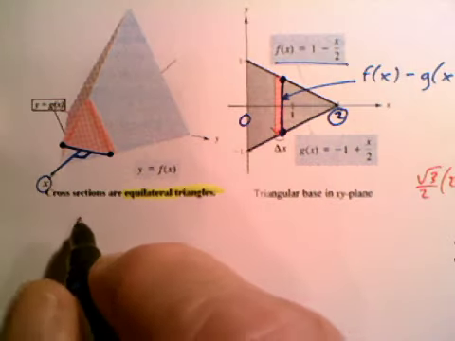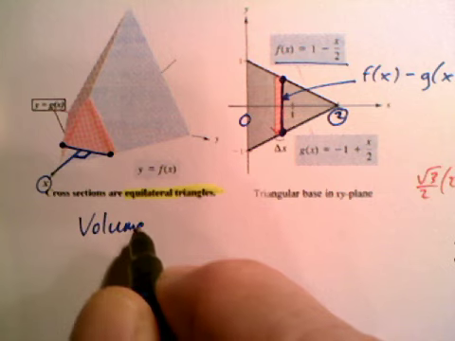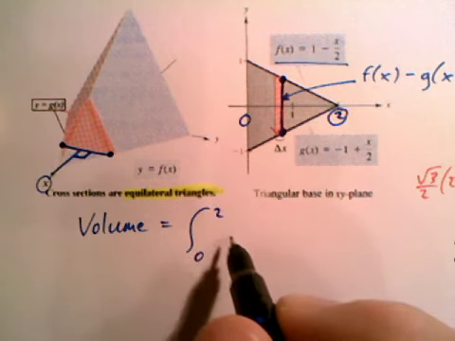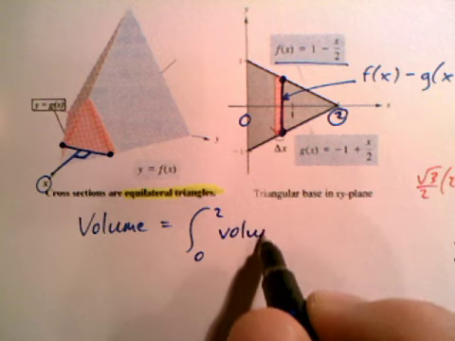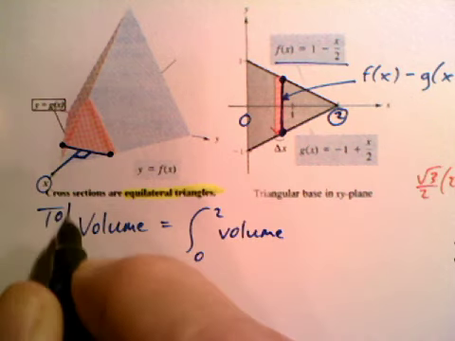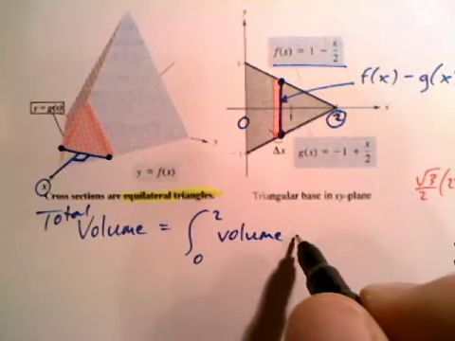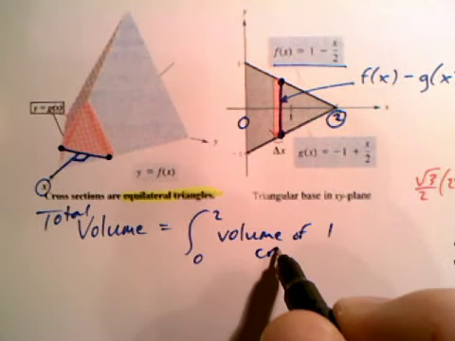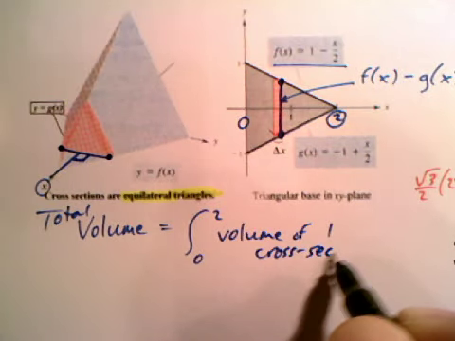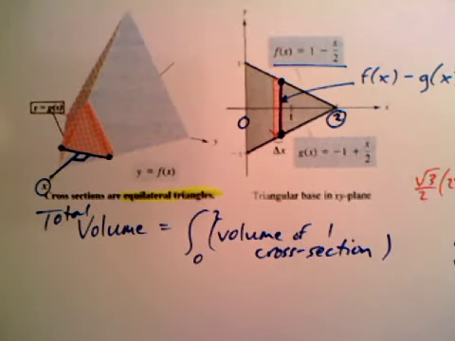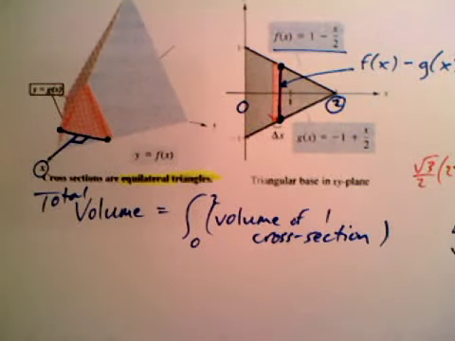So we have volume equals the integral from 0 to 2 of the, so this is total volume of our solid, and the volume of one cross section. I'm going to write all this in. I don't usually do this, but definitely in the very beginning we want to do this to make sure you understand that an integral adds up an infinite number of things.